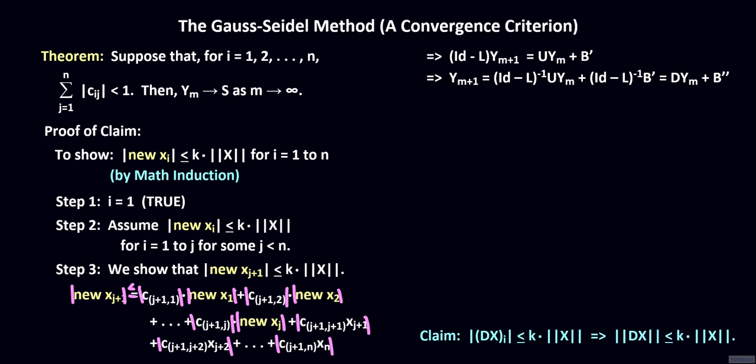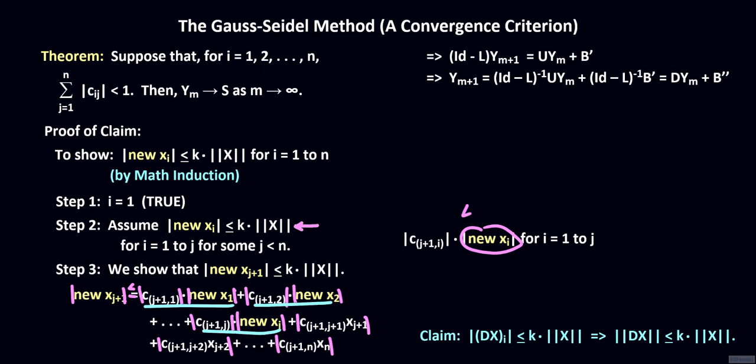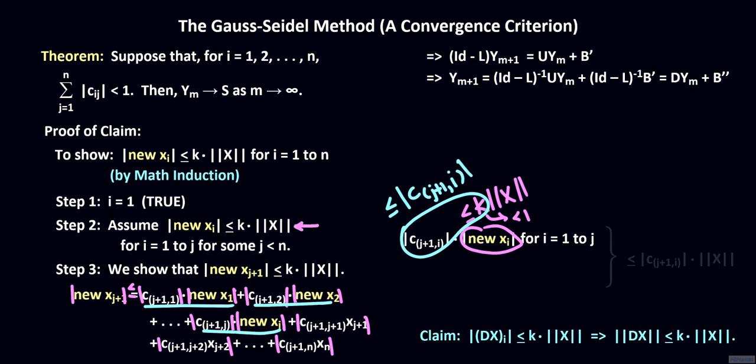We first examine the terms involving the new x sub i's, where i goes from 1 to j. By our induction hypothesis, the absolute values of these new x sub i's are less than or equal to k times the norm of x. K is less than 1, so that the absolute value of c sub j plus 1 i times k is less than or equal to the absolute value of c sub j plus 1 i. And we get this inequality for these new x sub i's.